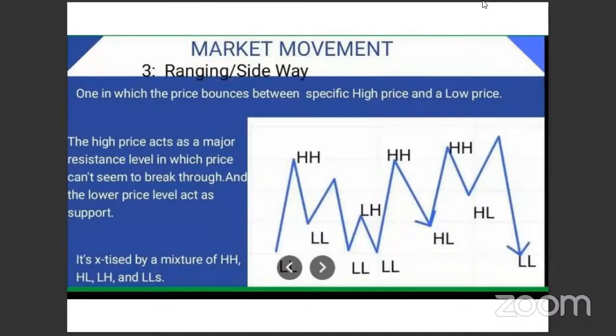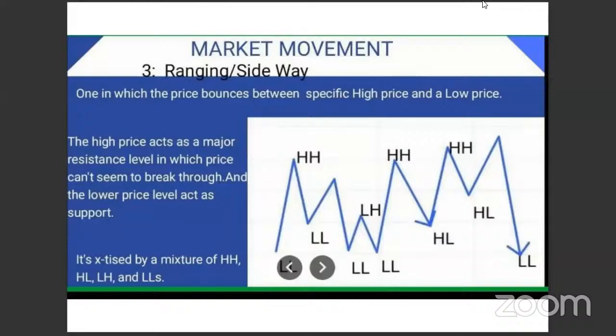Okay, the next is what we call a ranging market. This ranging market, ladies and gentlemen, is a mixture of the highest points, the lowest points, the lower highs, the lower lows. It's a mixture. You find that the market is in one area and it is not changing. It's not showing you whether it is moving up or down.